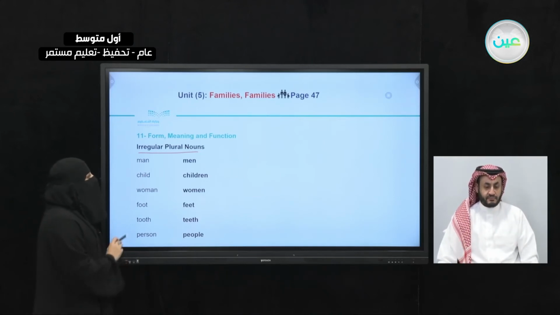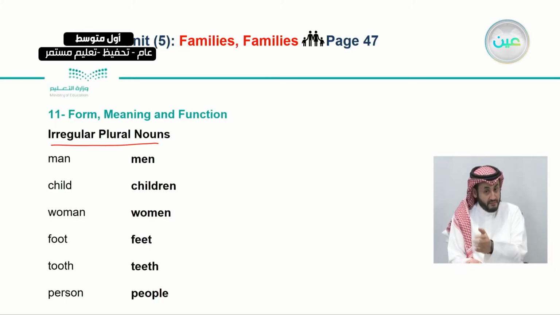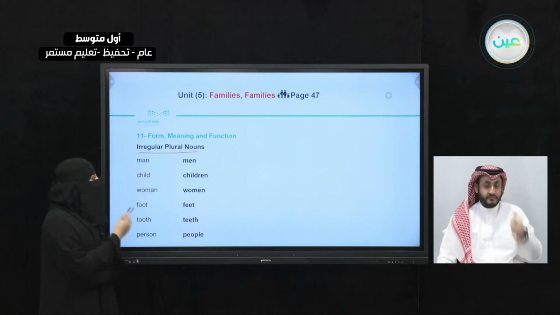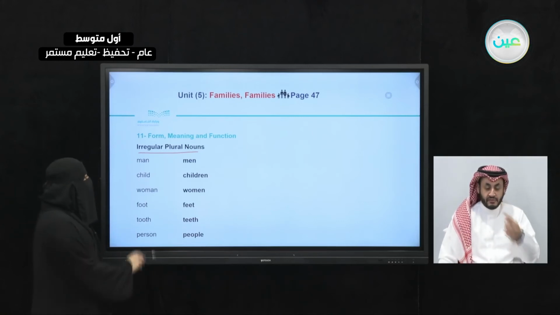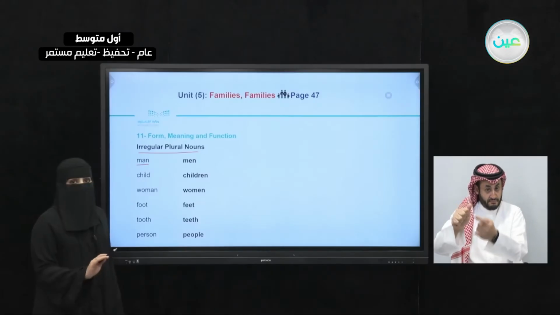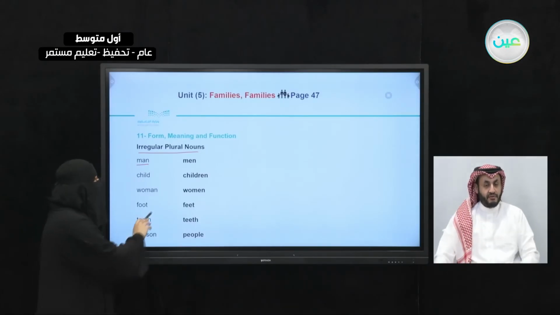Let's look at irregular plural nouns like child and children. Almost the entire word changes into a new form. Have a look at this word here, man. In order to make it plural, do I add S? Not at all. The entire word changes into men.